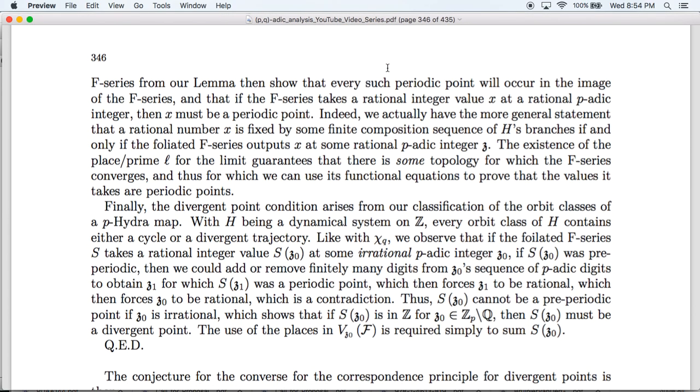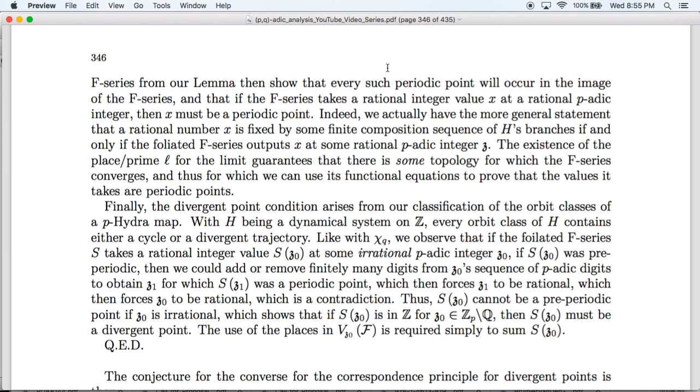Finally, the divergent point criterion arises from the trichotomy of the dynamic of the orbit classes of a dynamical system on the integers. In particular, as we saw, every orbit class of a map on the integers is going to contain either a cycle or a divergent trajectory.